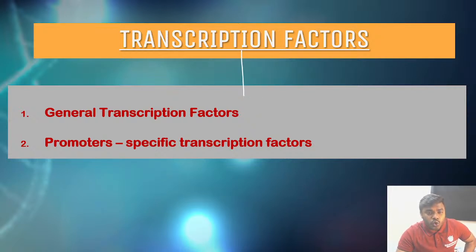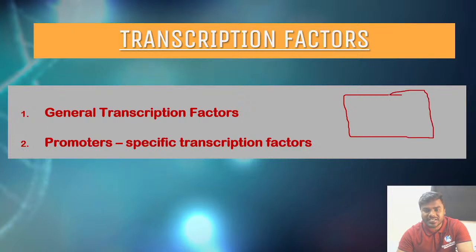There are two types of transcription factors. See, transcription factors are the ones which are associated with the initiation, elongation as well as the termination, right? Now friends, before starting this particular process, I want to highlight one important point. This is an RNA polymerase enzyme.